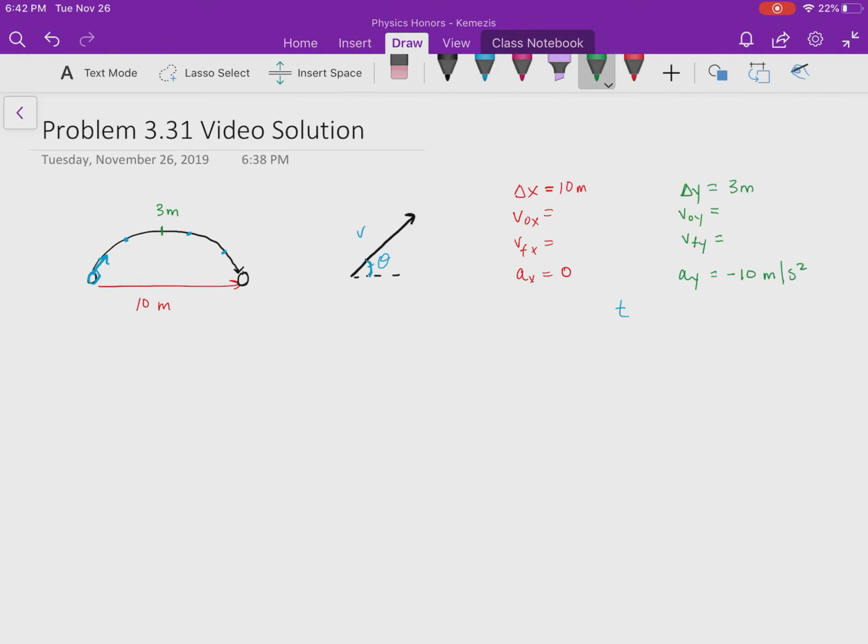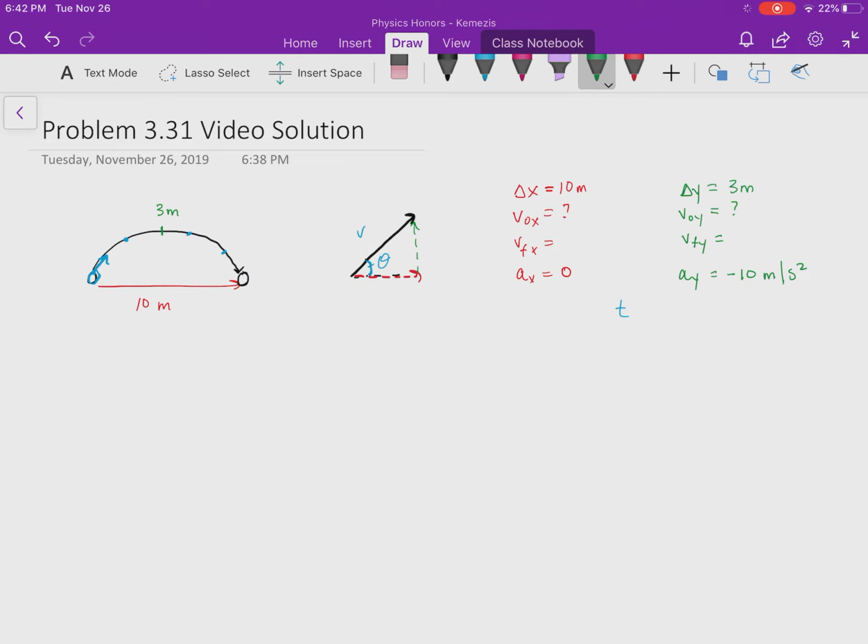But we know that we have gravity in the y direction. And our question is, what is this initial velocity? In a lot of the problems we've done before, we were given the initial velocity and we had to break it into its components, the x component and the y component, and then plug those into these problems.